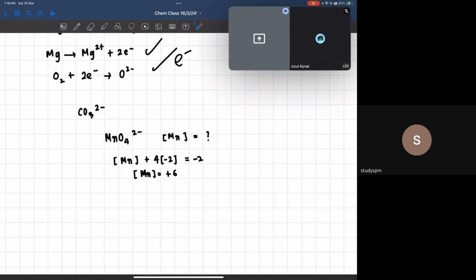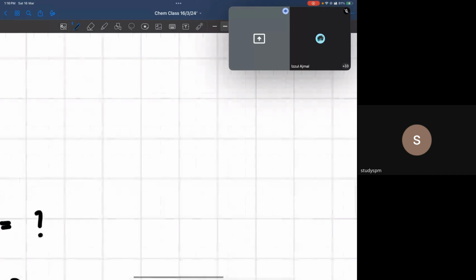Now we try to look on a bit complicated one. It's not complicated, but this is kind of surprise for me because I thought oxidation number for oxygen is always -2, but sometimes no. For hydrogen peroxide, it's a bit different.